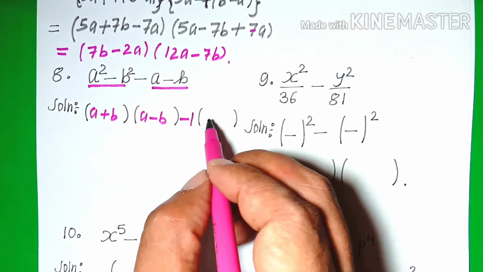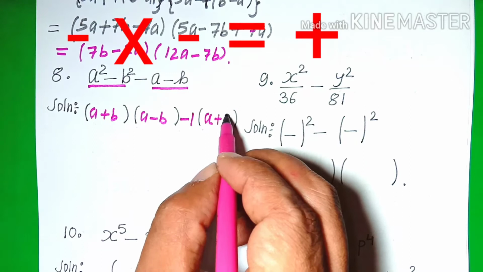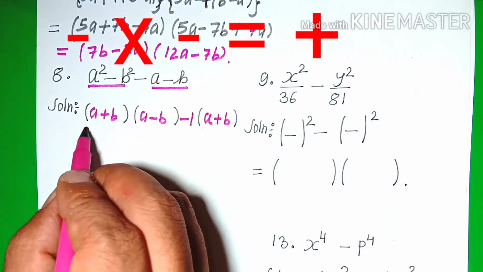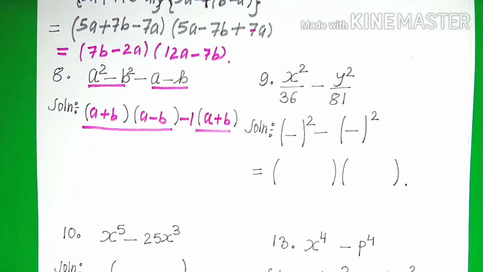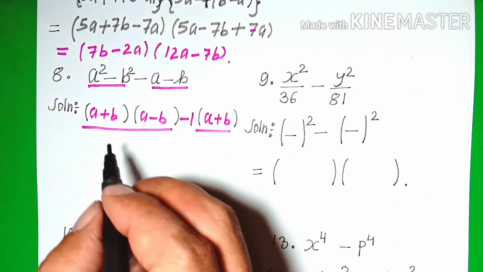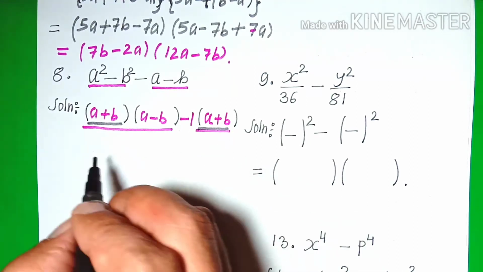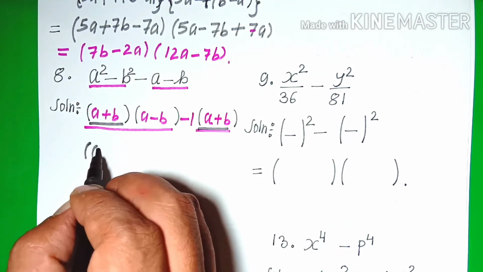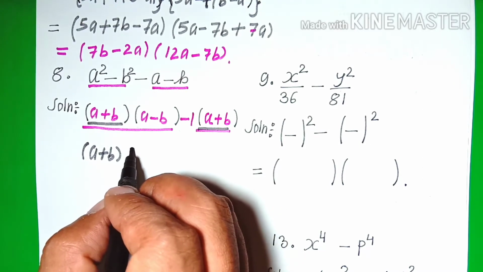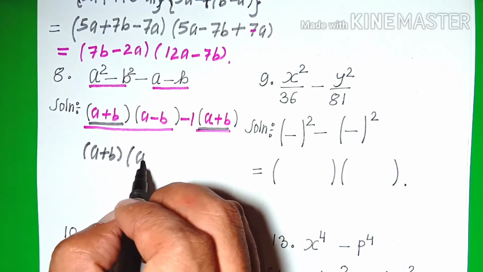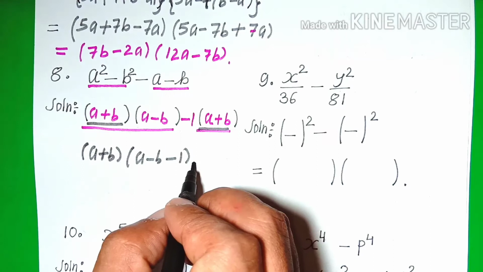After taking 1 common, we are left with a minus or plus b. Now from this term and this you'll have to again take common. We can see the factor a plus b here and here, so we can take these two common. Taking a plus b as the common factor, we are left with only a minus b, and along with it the sign minus 1.